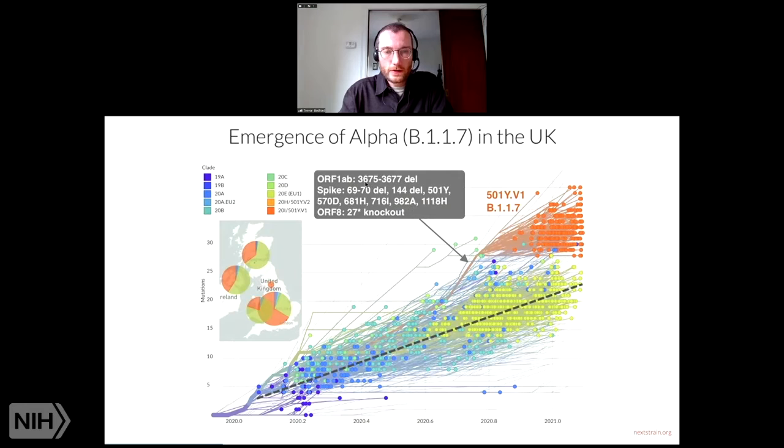These mutations include this really interesting 3 amino acid deletion in ORF1AB, a number of mutations in spike, so 69/70 deletion and 144 deletion, 501Y, 570D, 681H, and a complete knockout of this ORF8 gene, also interesting. And so again, we see that over the course of just a few months, this variant, the B117 or alpha, displaces existing diversity in the UK.